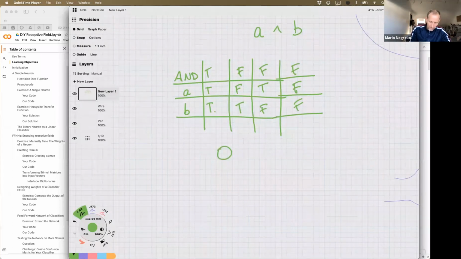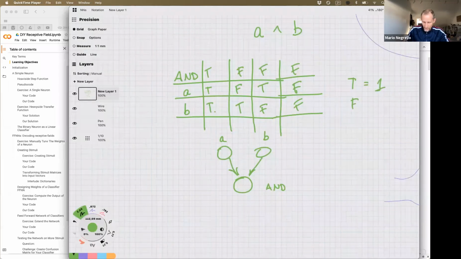So if you have a neural network with two weights, this is your neuron 1 and this is your neuron 2 and this is your AND output neuron. You just have to select weights and a threshold that will get across only when both inputs are true. So that's really easy, right? You take now the truth values and represent them by the binary values 1 and 0.